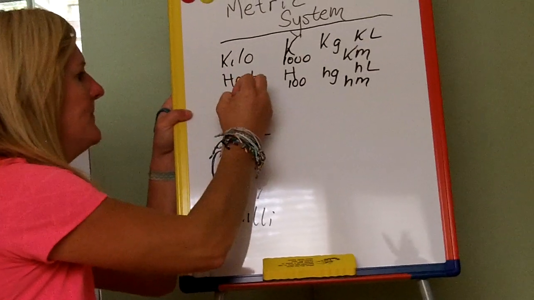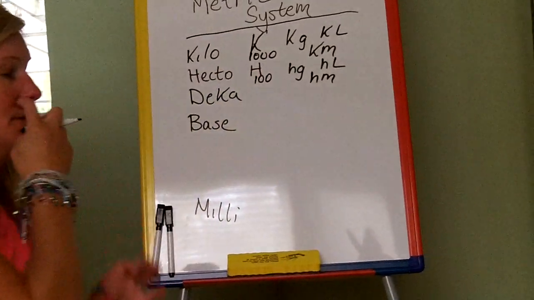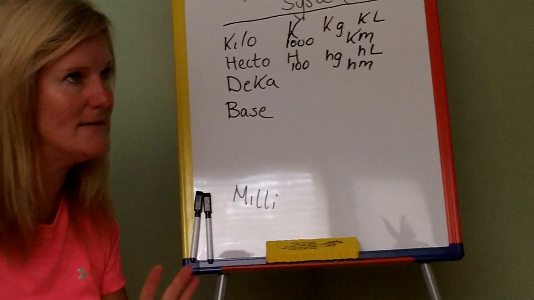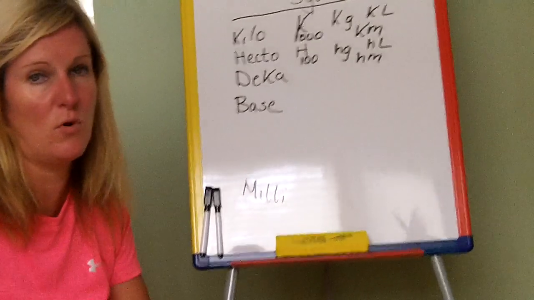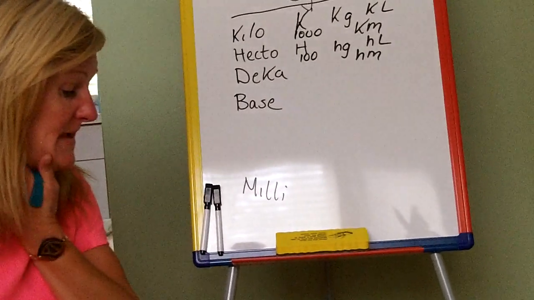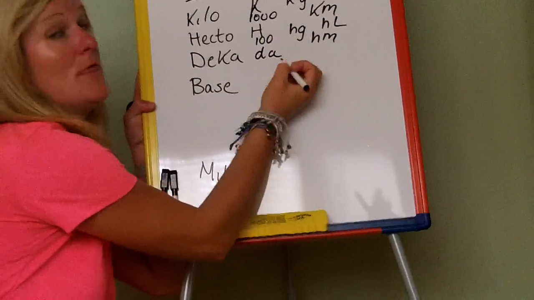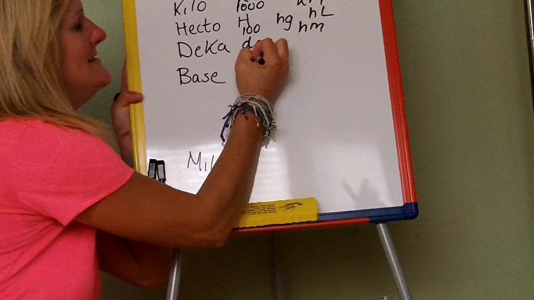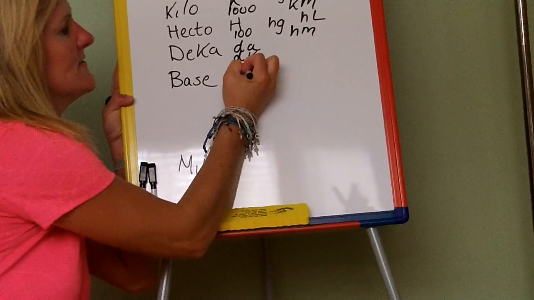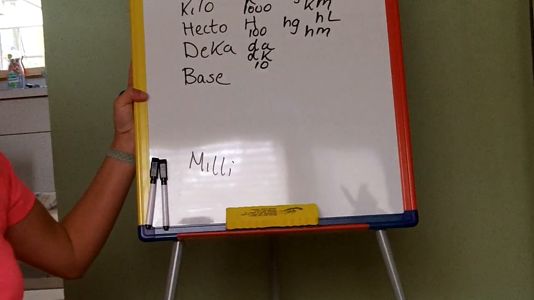Next is the deca. Now this one's a little bit tricky because I've seen it 2 different ways. Why scientists can't figure out one way to abbreviate it is beyond me. But I usually see it DA, though I have seen it abbreviated DK. This stands for 10, a quantity of 10.